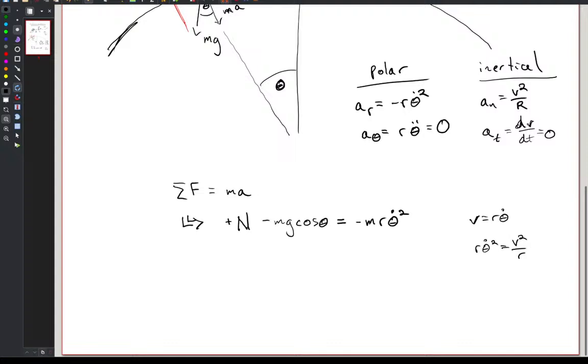It's like, what is 0.03 radians per second in terms of my speedometer? At least I don't know how to drive at 0.03 radians per second. I can drive at 20 miles an hour, but I can't do trig in my head at 20 miles an hour. So I could replace all this and say V squared over R, and then we're just back to inertial frame anyway, but however we want to do it.